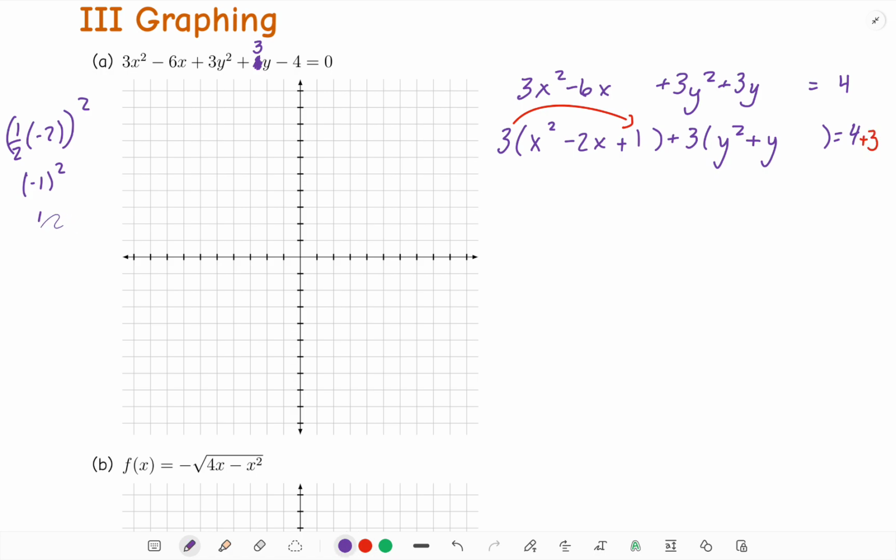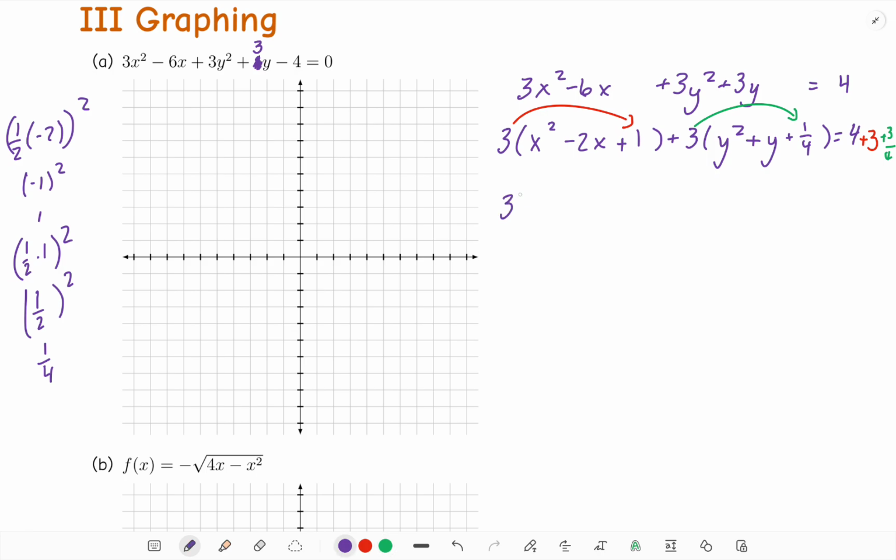Do the same thing with the y's. So 1/2 times 1 squared, 1/2 squared, which is 1/4. So I add 1/4 right there, which is technically 3 times 1/4. So I add 3/4.